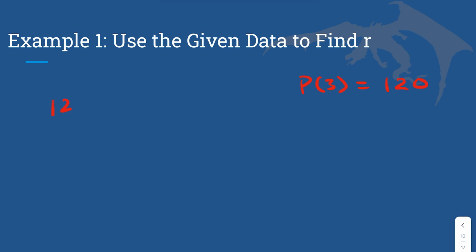We say 120 equals 400 over 1 plus, now we substitute B, 7 times e to the negative r times 3. All right? And we can simplify this or clean this up in a different way. We could just rewrite it so that it's a little bit cleaner.